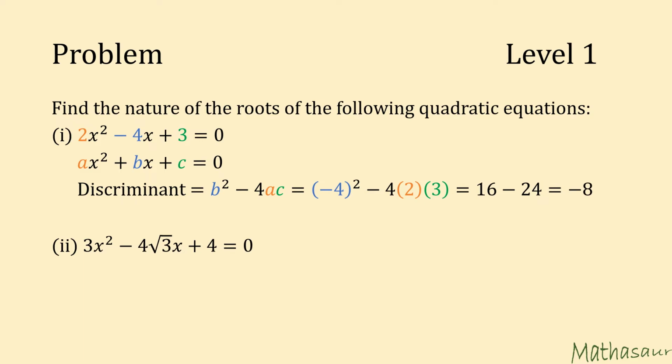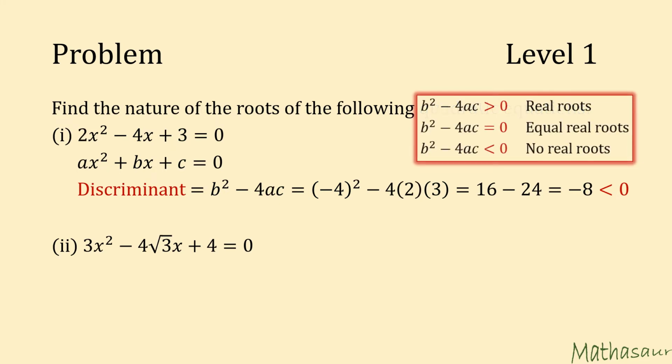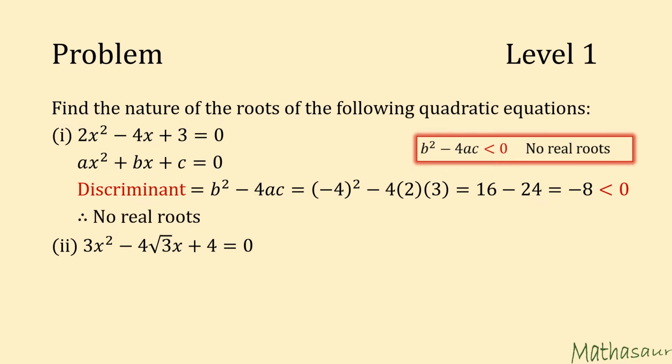We find that the discriminant is minus 8, which is less than 0. Now recall our three possibilities and we see that this equation does not have any real roots, therefore no real roots.